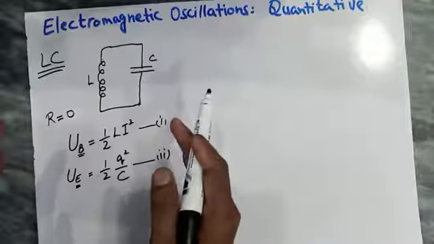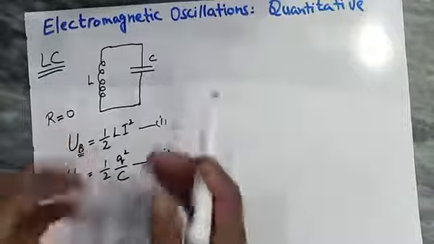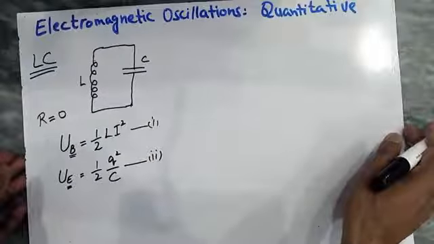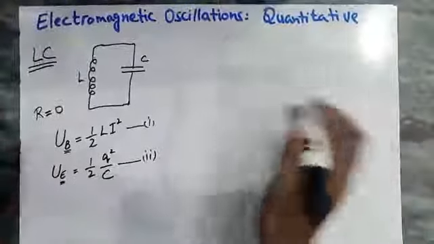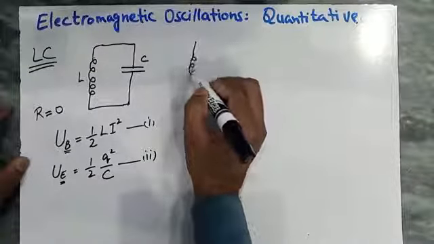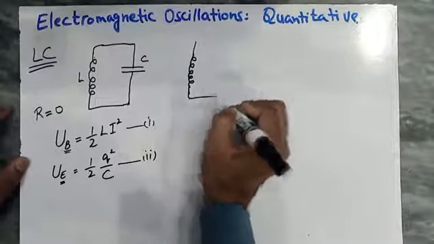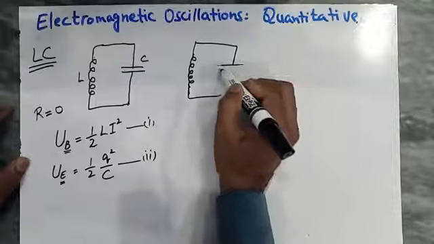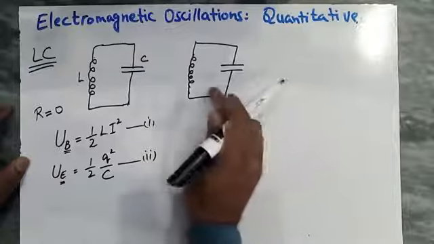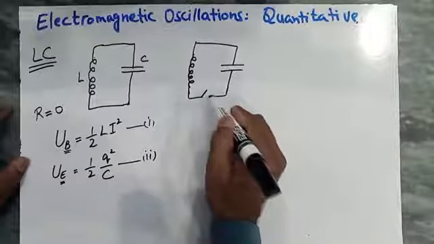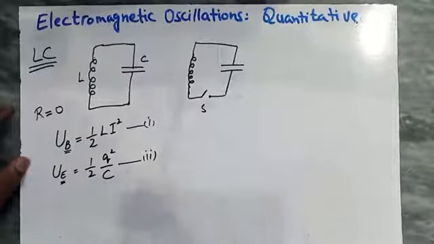So now we take a special case in which we connect an inductor with a capacitor, and we suppose that initially the capacitor is fully charged. Here we connect a switch.